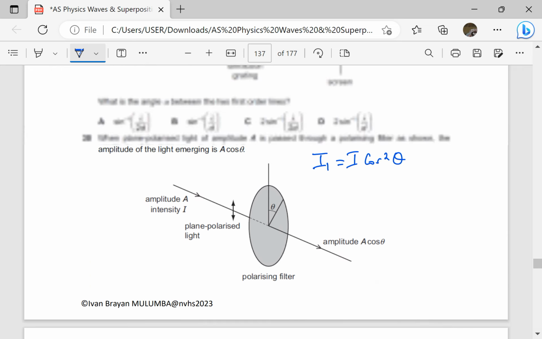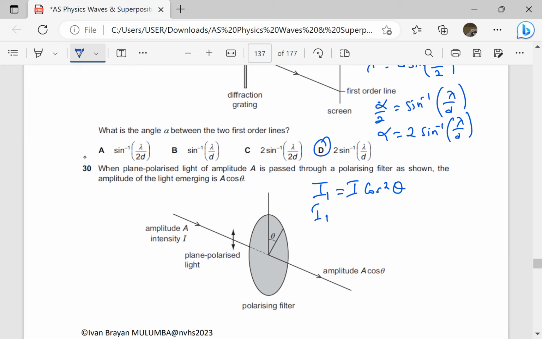Here it is in terms of I, so I'll simply say I1 is going to be I cos squared, because the amplitude of the light emerging is A cos theta. So I'll just substitute here cos squared of 60 degrees.